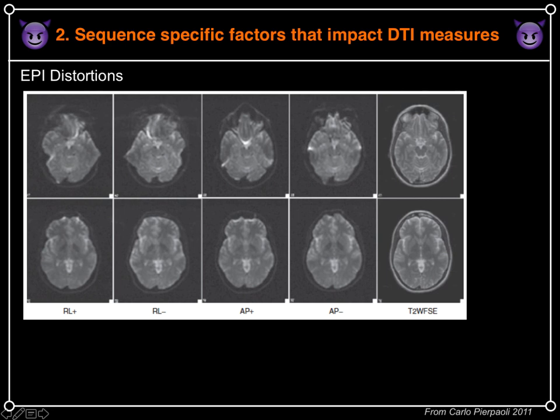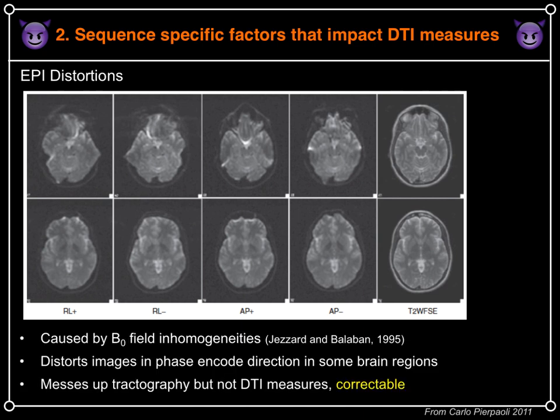This is what happens if you acquire it in the anterior-posterior direction versus the posterior-anterior direction. You can see that there are signal pileups here, as well as distortions. The entire brain structure is warped. So it depends on what direction you acquire the diffusion-weighted images. But then again, you can correct for these sorts of distortions.